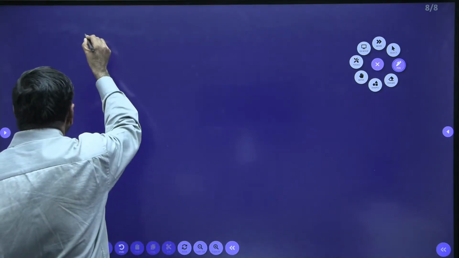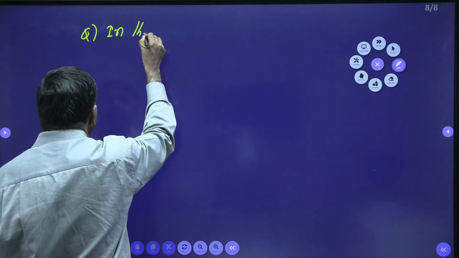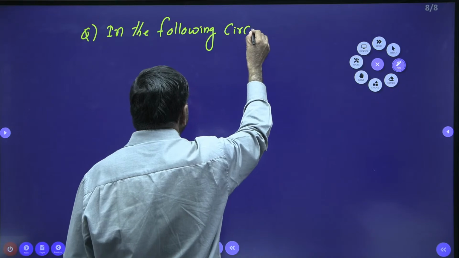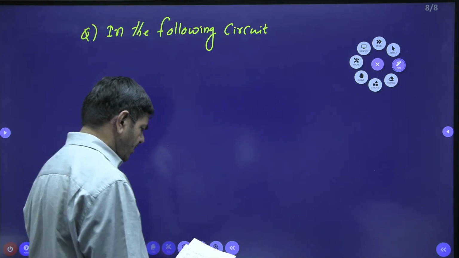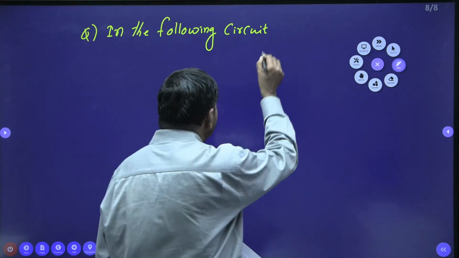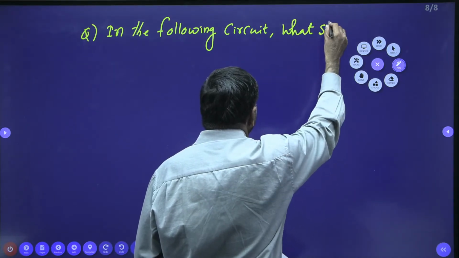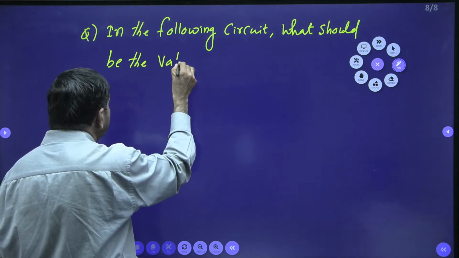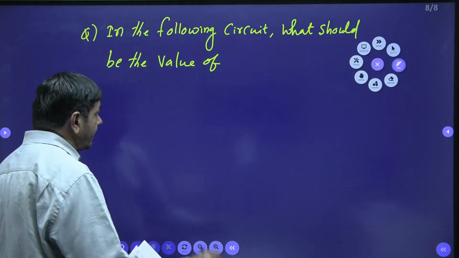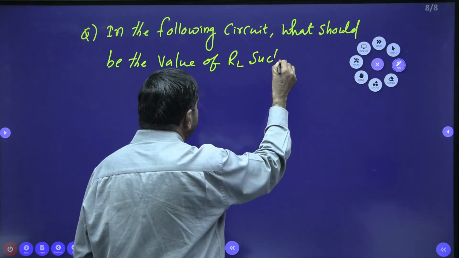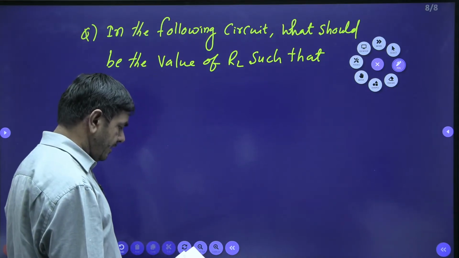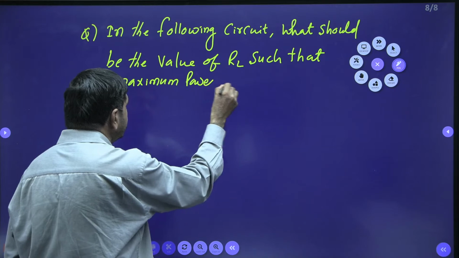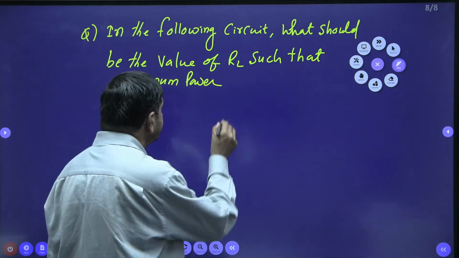In the following circuit, question given like this. In the following circuit, what should be the value of RL, R suffix L, such that maximum power transfer takes place.